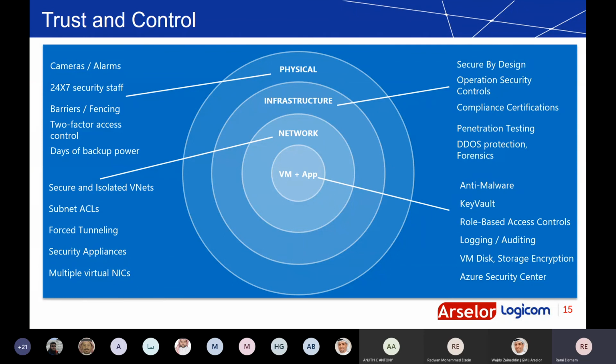Regarding the security part, Microsoft provides you with a storage or hard disk encryption service. You can use Microsoft encryption service, or you can bring your own private key so nobody can know or decrypt your disks. Also, there is the Microsoft Azure Security Center, and the Security Center has two tiers.